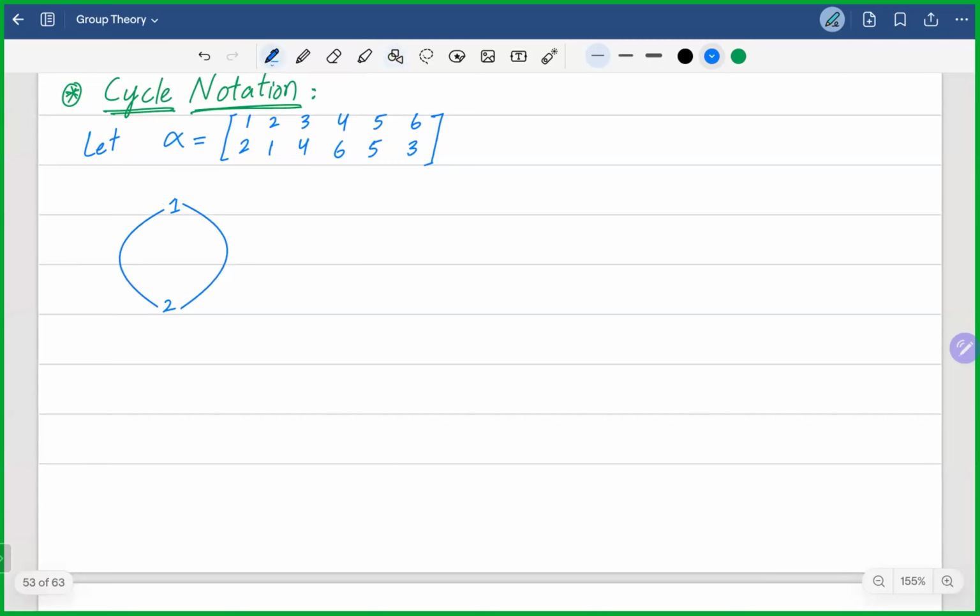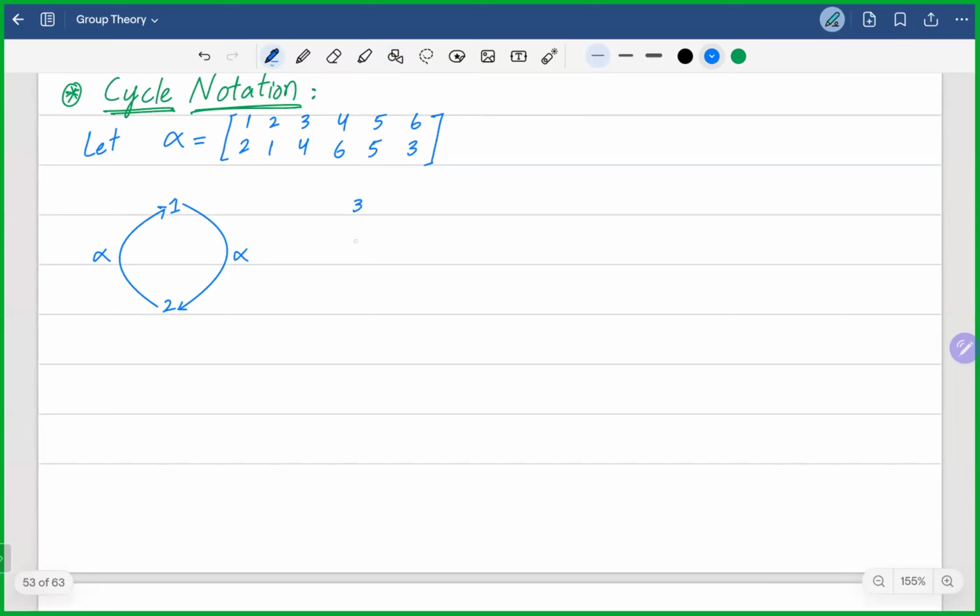This should look like a circle, but my drawing is very bad. So this is alpha. Alpha sends 1 to 2, and then alpha sends 2 to 1.